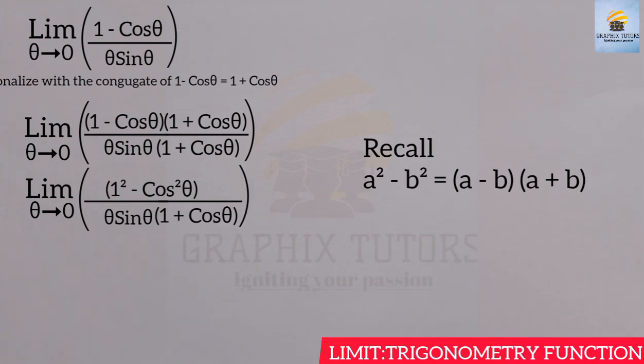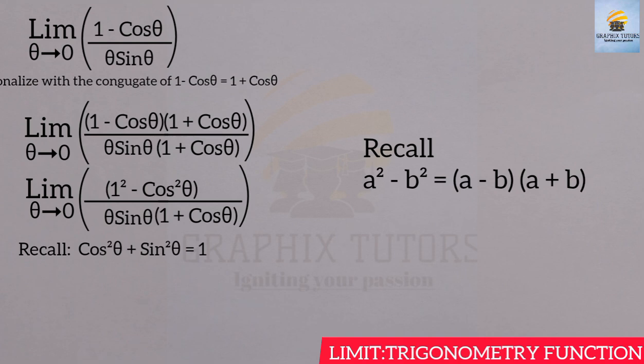Now, since we have this, there's something we can still do here. If you can remember your fundamental trig identity that says, recall cos square theta plus sin square theta is equal to 1. I believe you can remember that, right?